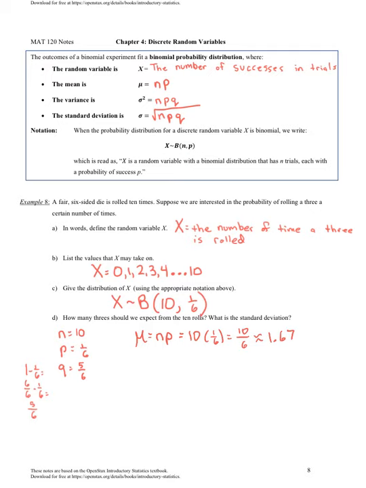And let's remember our standard deviation. That equals the square root of npq. And we get about 1.1785. And that's the end of our first video to section 4.3.